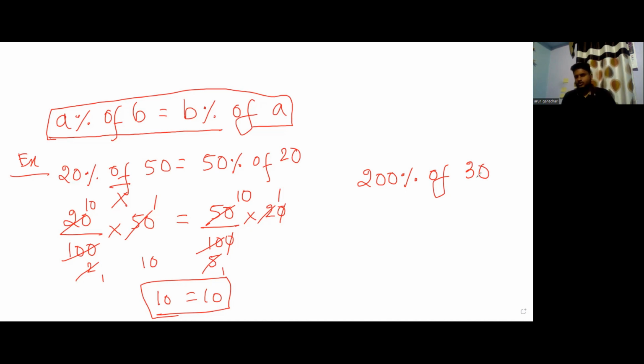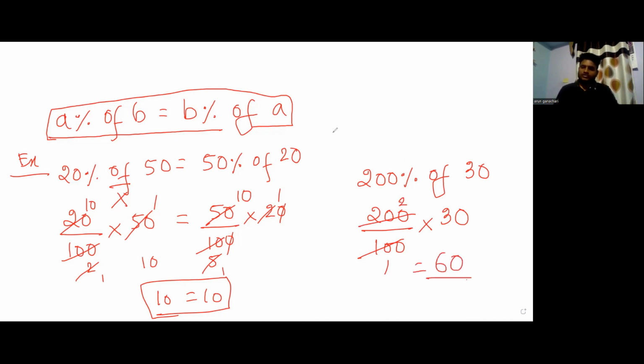You can solve this using two methods. You can always go with your normal method of using the normal notations. 200 can be written like this, and percentage as 1 by 100, of as into 30. So 100 ones are 100, twos are 30 twos is 60. This is one method.